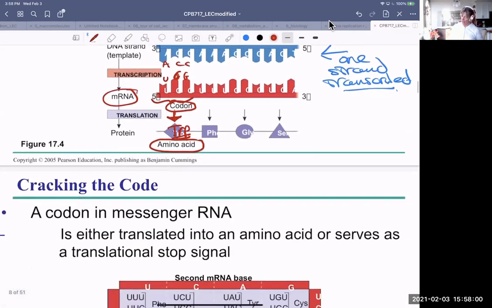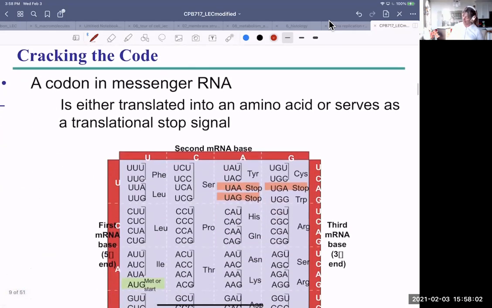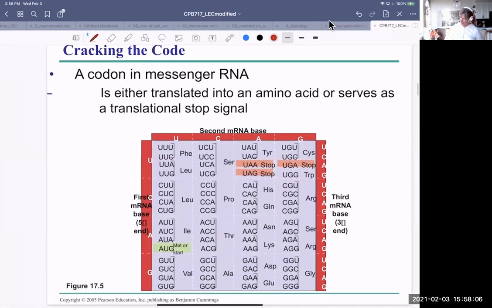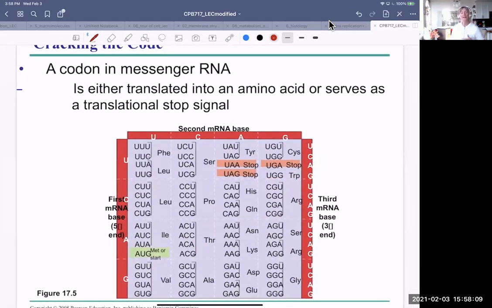And here's the code, cracking the code. So somebody cracked the code. And remember, this is very important, the codon that is in the code is messenger RNA. That's what's used in the code.